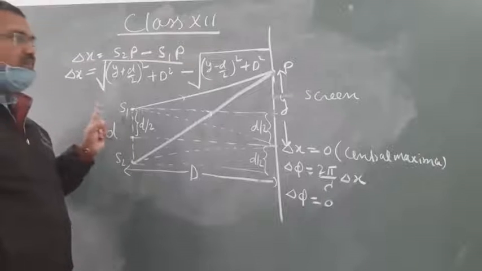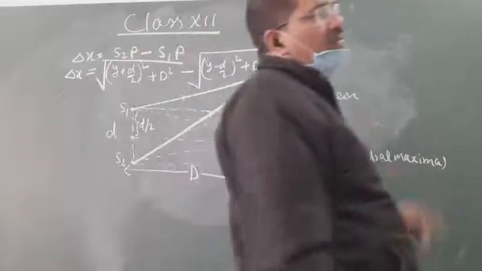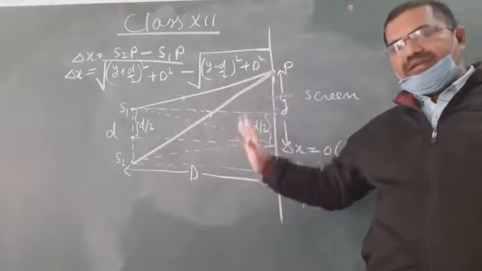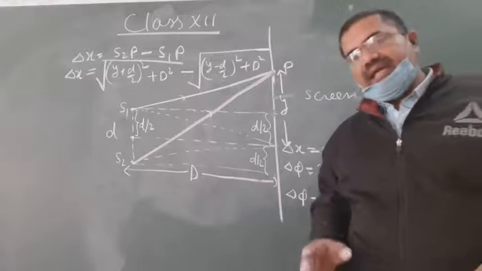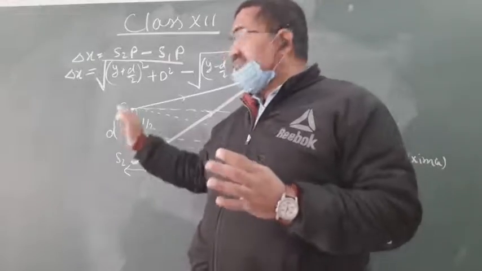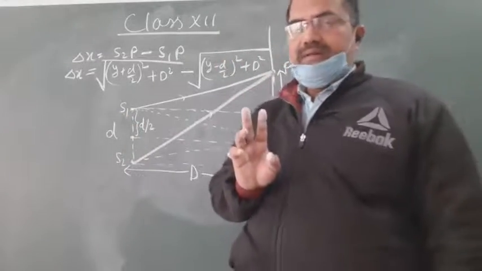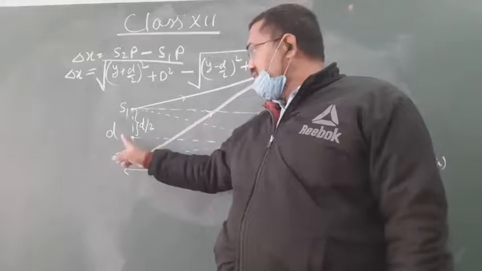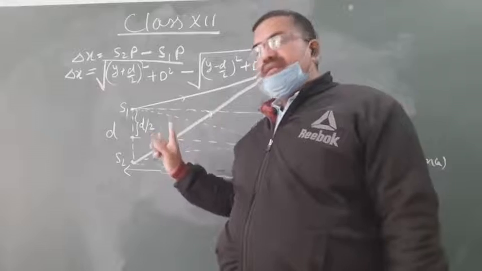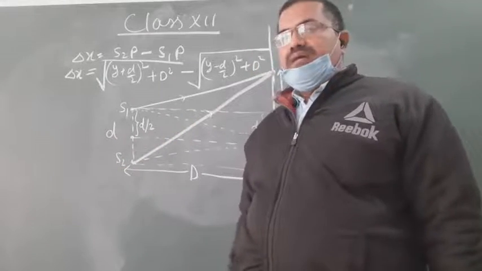We should take assumptions for it. There are two types of assumption. The first assumption is small d is much lesser than capital D, and the second assumption is lambda is much lesser than D. So let's see.